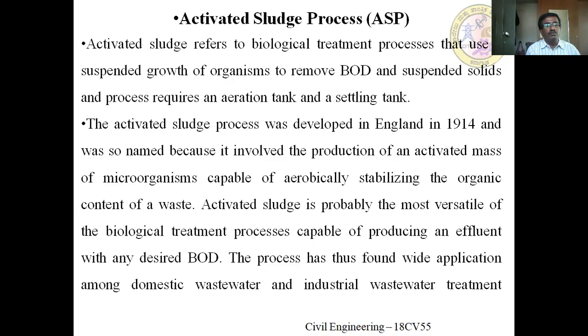It is possible to remove the BOD up to the required extent, depending upon the amount of microbes present, the amount of organic matter, the amount of oxygen supply, and so on. The process has thus found wide application among domestic wastewater and industrial wastewater. It is very effective for domestic wastewater, but up to some extent it may be used for treating industrial wastewater also, if it is free from toxic materials.